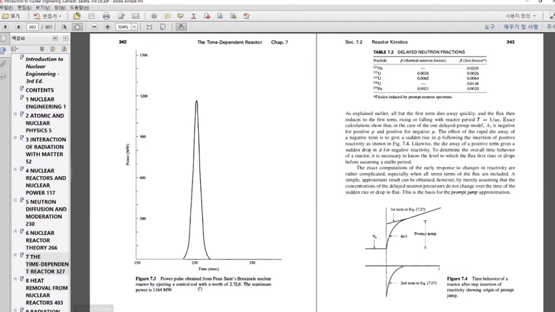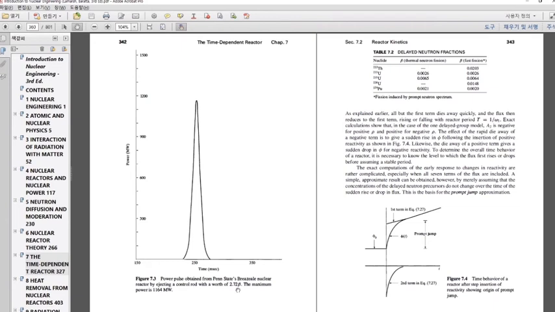Control rods were ejected, and the worth of the control rods was 2.72 beta, that is $2.72 of reactivity.